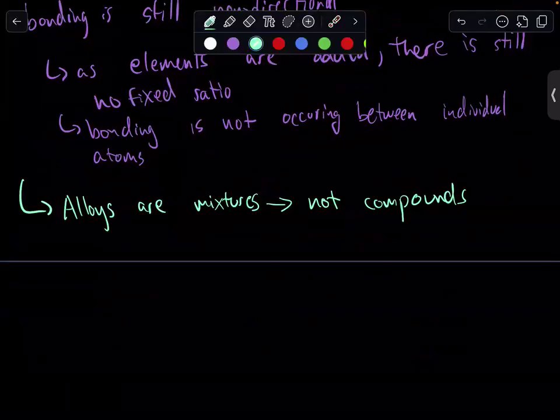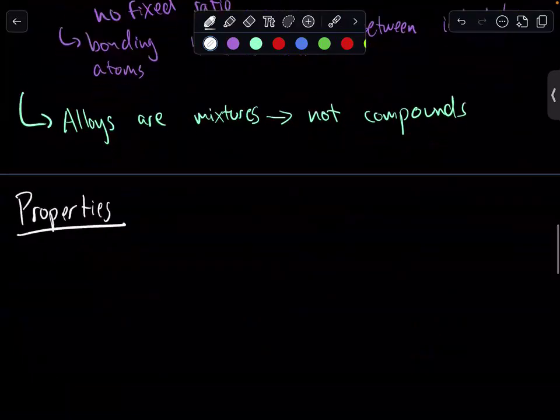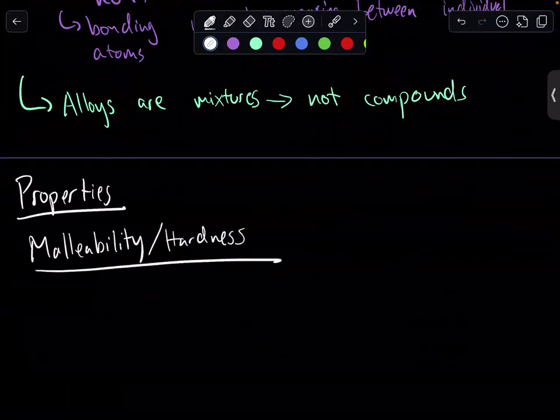So this is what will then happen to the metal. Their properties will change. So we have two properties that are often changed most when we create an alloy. So these are the common properties that are affected. The first is malleability. So malleability also goes hand in hand with hardness, so we can talk about both of them with the same explanation.